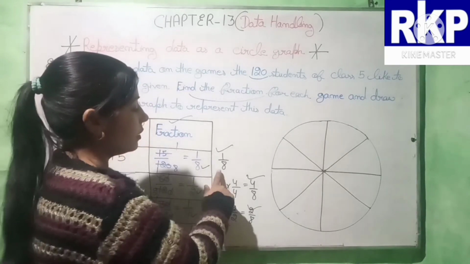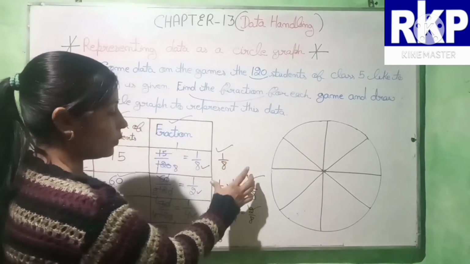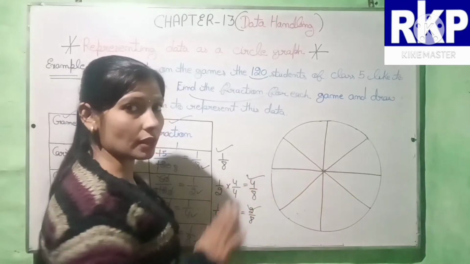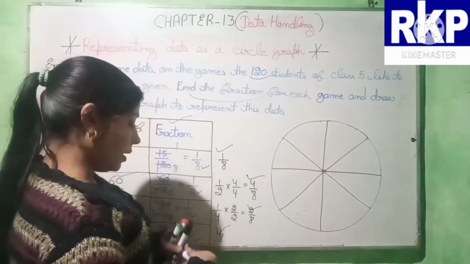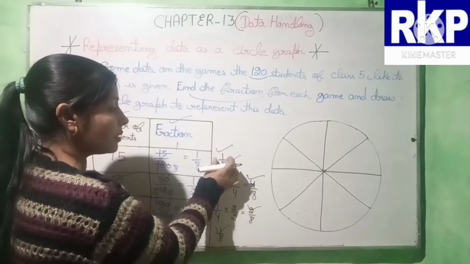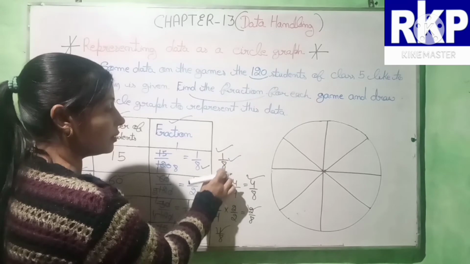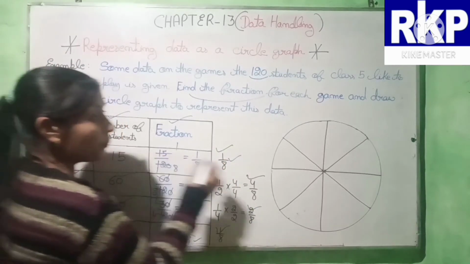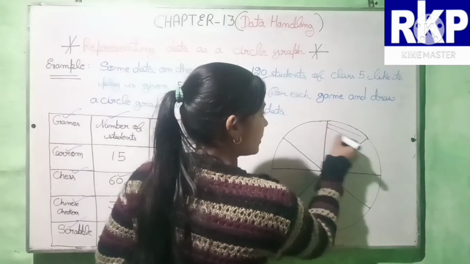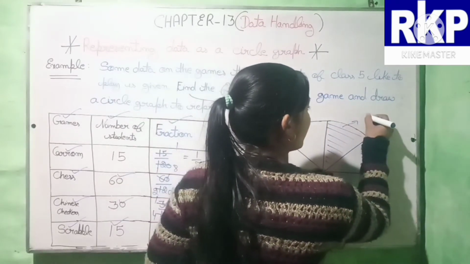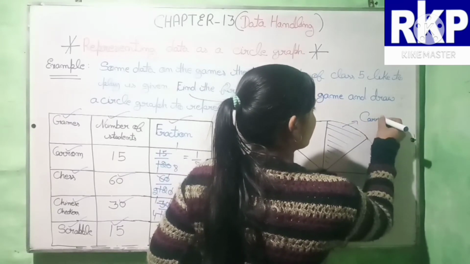Now let us present these fractions in this circle graph. Here we have 1 by 8. 1 by 8 means 1 part out of 8 for carom. So let us draw only one part, and this is for carom.